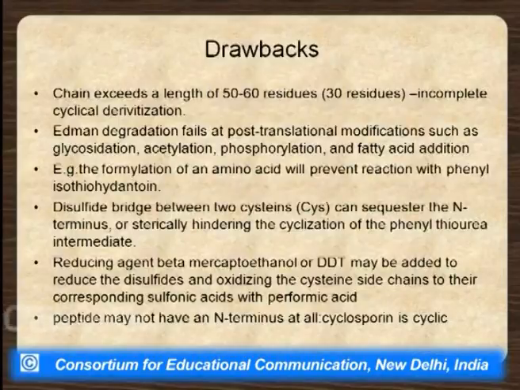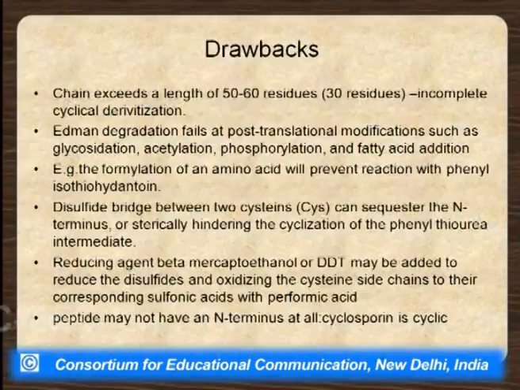There are certain drawbacks also of this. So, we cannot exceed the chain length beyond 50 to 60 residues, because after that there exists a lag and the efficiency decreases, and the best is to go with 30 residues. After that, you will encounter incomplete cyclical derivatization. Also, Edman degradation will fail if you encounter post translational modifications, or if there is blocking of the protein by maybe acetyl, formyl or pyroglutamyl groups, glycosylation, acetylation and so forth.